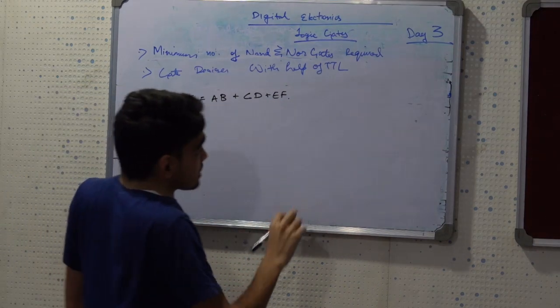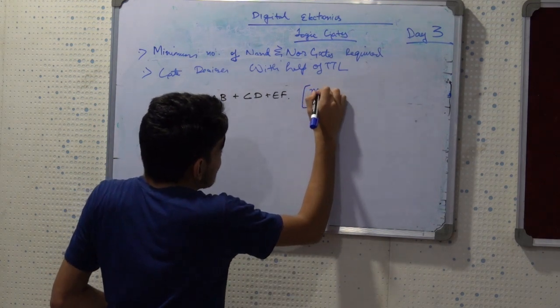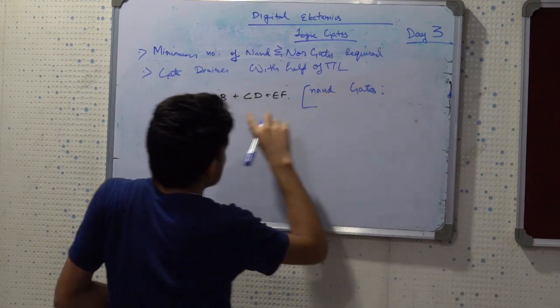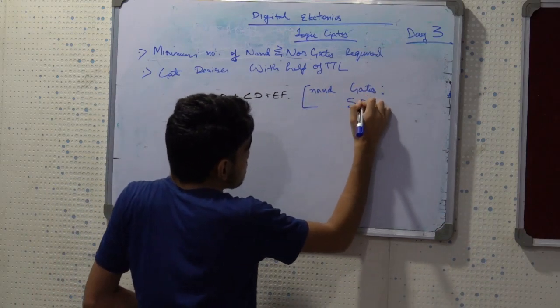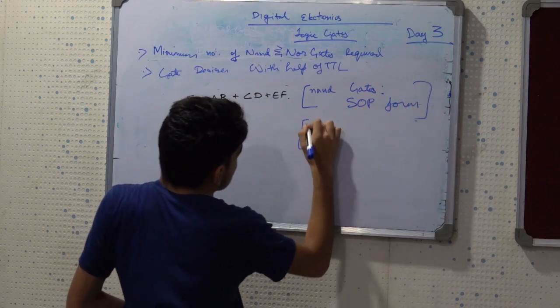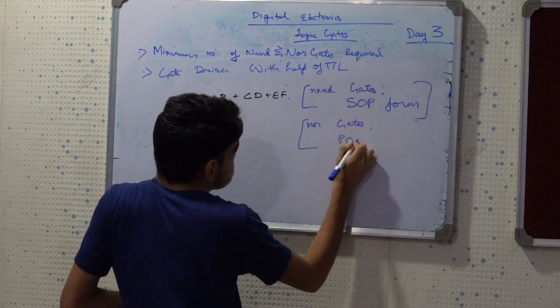And to find the number of NAND gates, we require this expression in SOP form. And for NOR gates, we require it in POS form.